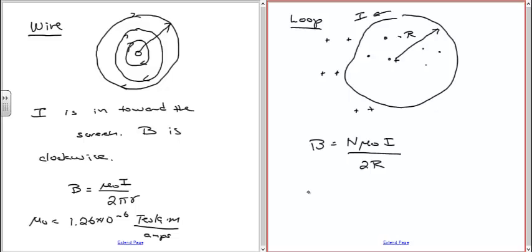If you put your thumb in the direction of the current, which is going counterclockwise, my fingers are going to loop around and come out and point towards me on the outside. So that means it's coming out inside the loop, and it has to go in. So it goes back behind the loop, comes back out this way, and then loops around in front of that wire.